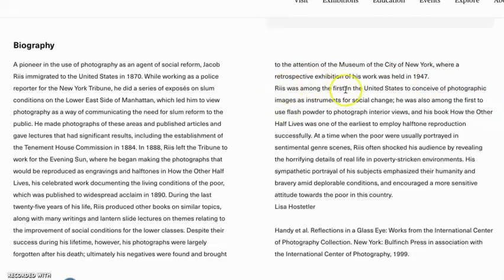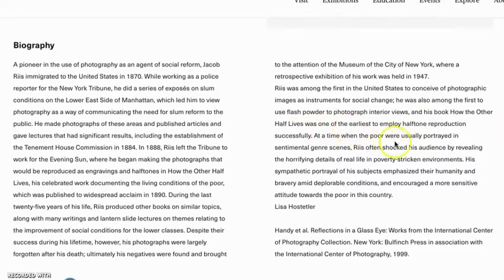Riis was among the first in the United States to conceive of photographic images as instruments for social change. He was also among the first to use flash powder to photograph interior views, and his book, How the Other Half Lives, was one of the earliest to employ half-tone reproduction successfully.